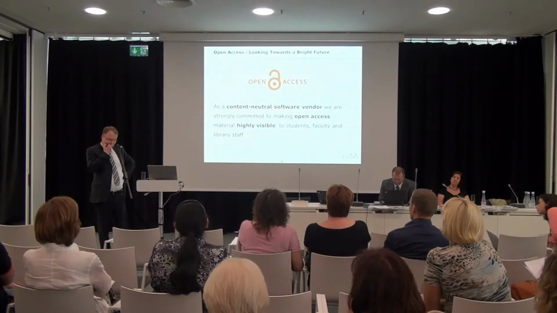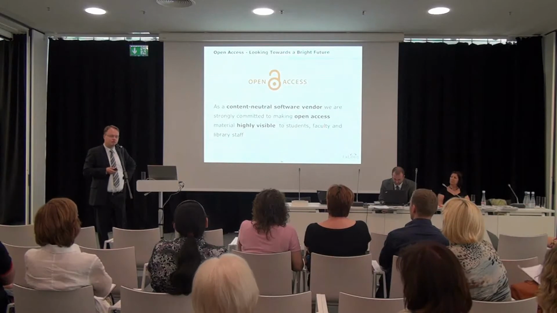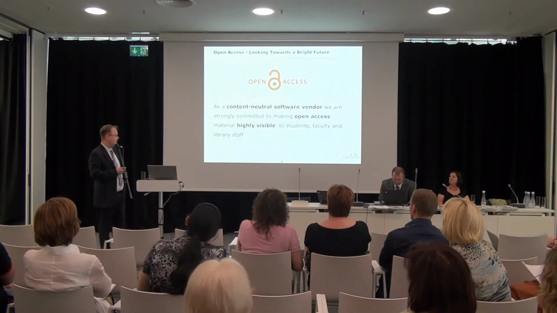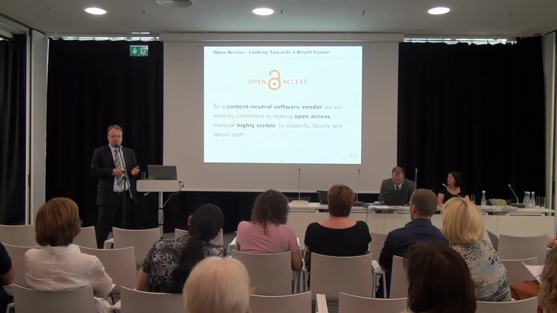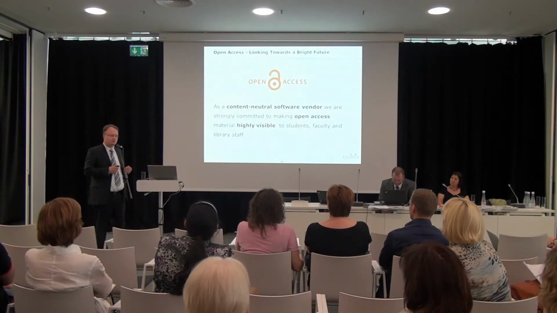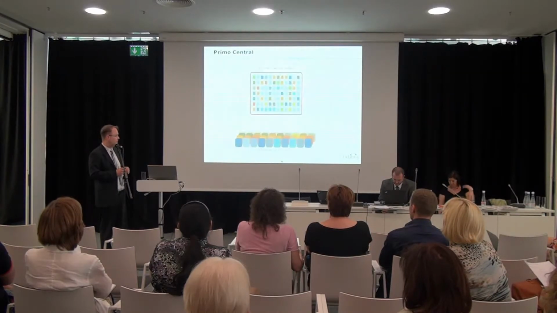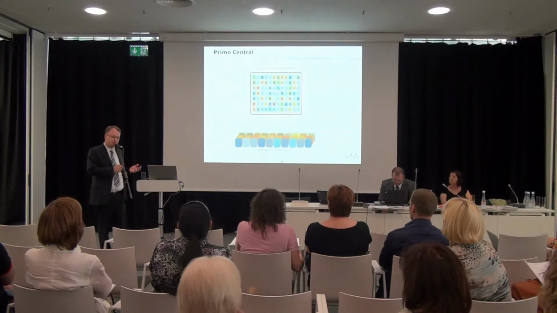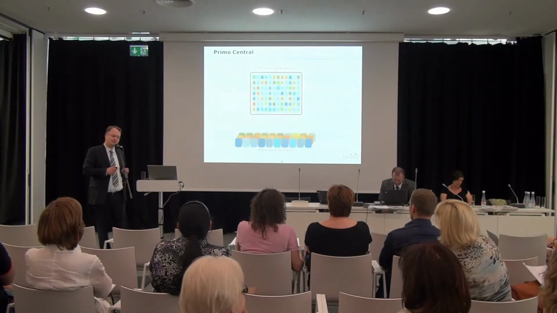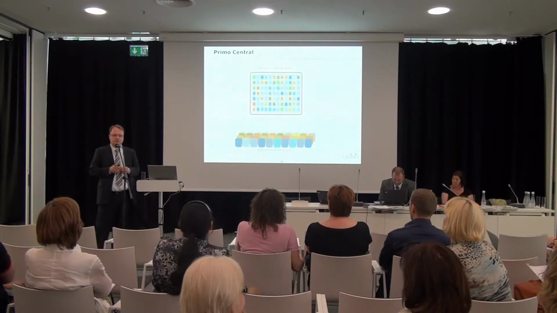So, I've mentioned open access, and I said we're a content-neutral provider, and also want to have this somehow really visible to the end users. So I switch a bit and make a bridge then to what Roman will also then show you more about Primo and Primo Central and the central index. So I will come back about open access content, talking about the Primo Central index.